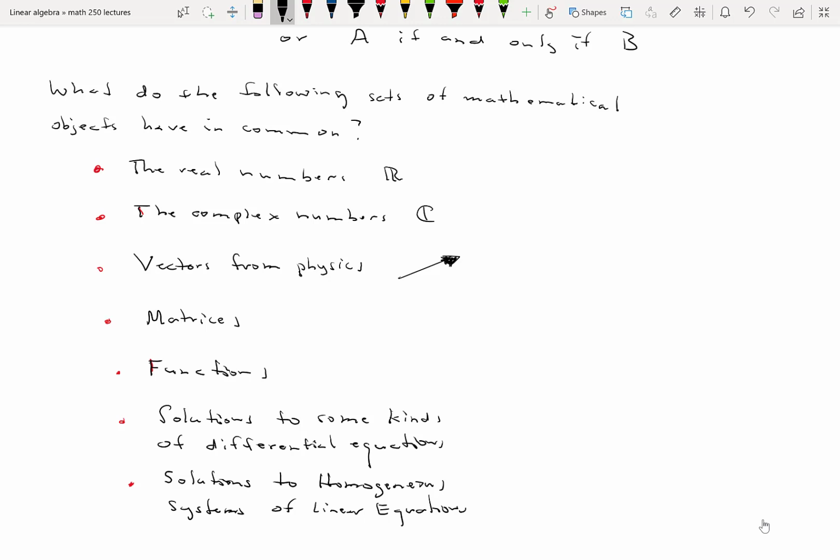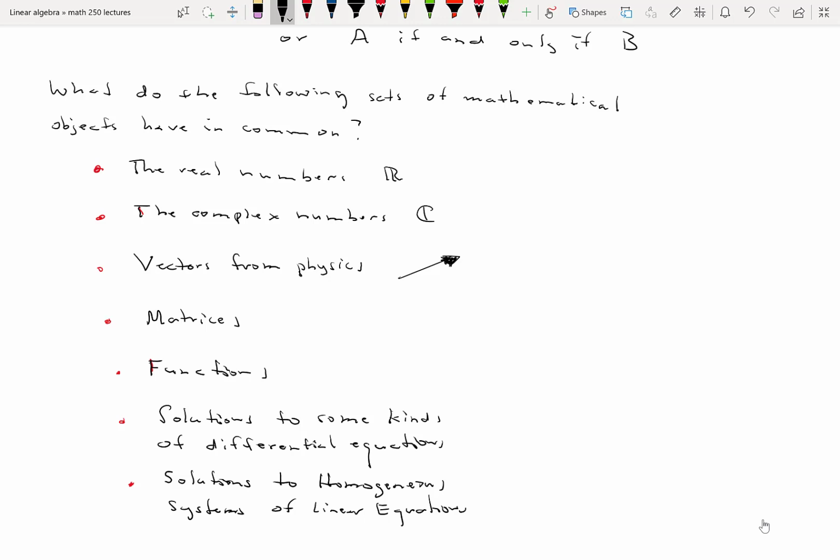What do all these sets of mathematical objects have in common? They're very, very different sets. But they all, in some way, behave exactly alike. You add things in these quantities, you multiply scalars by things in these quantities, and other things.